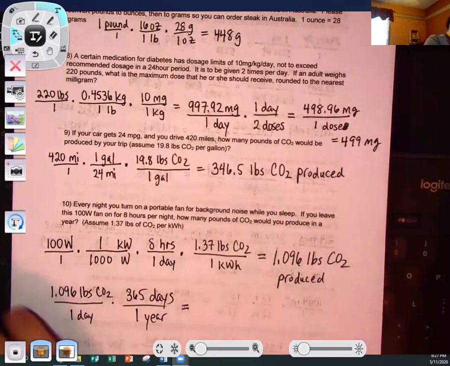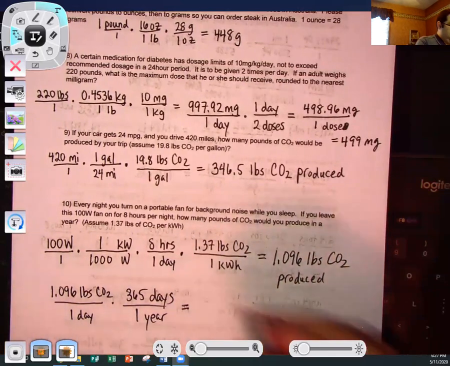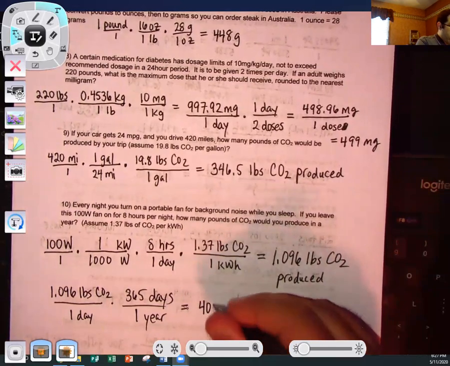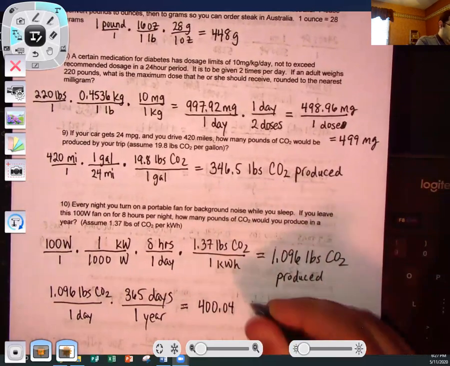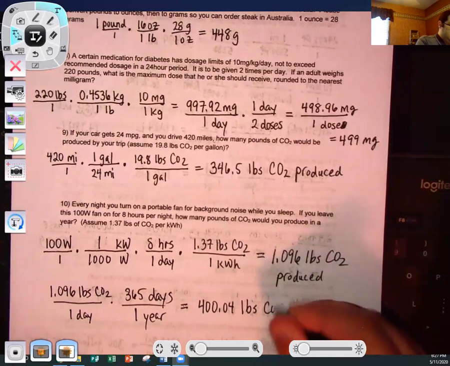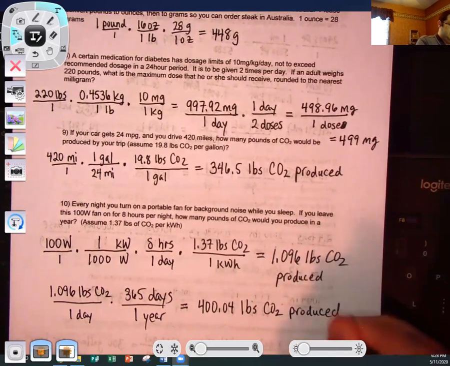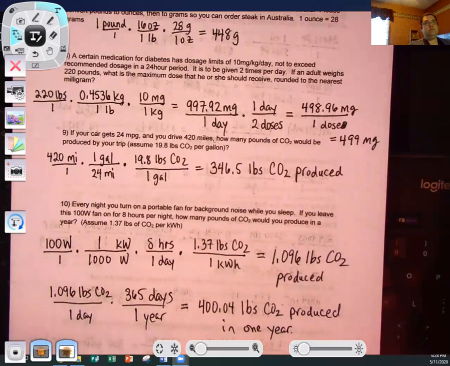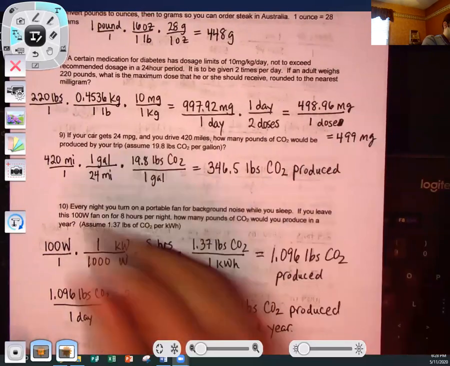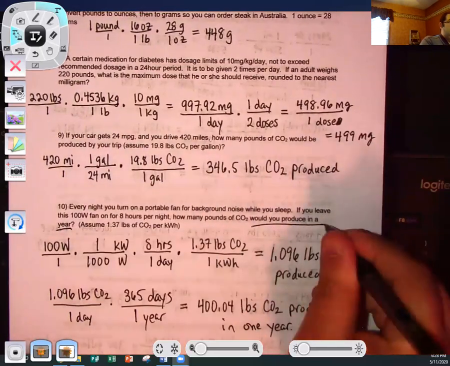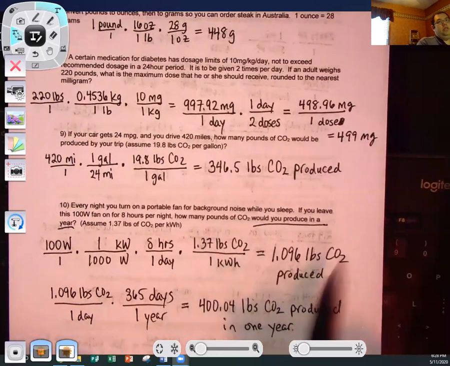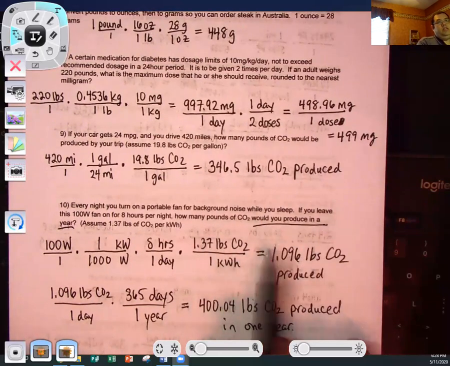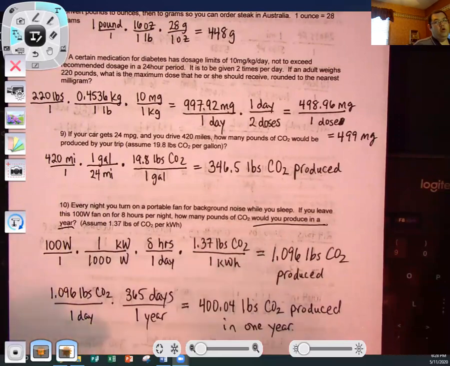So when I do that multiplication, we end up with 400.04 pounds CO2 produced in 1 year. So again, the big thing is making sure that you read the directions. Because a lot of people will leave it as this and they'll say they're done. This is per day and they want it to know per year.